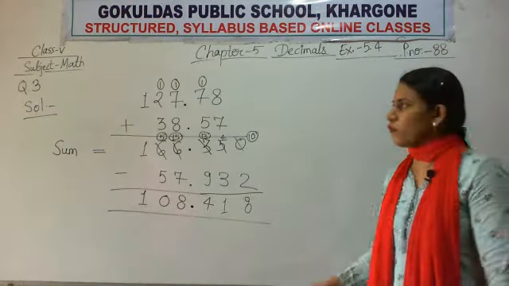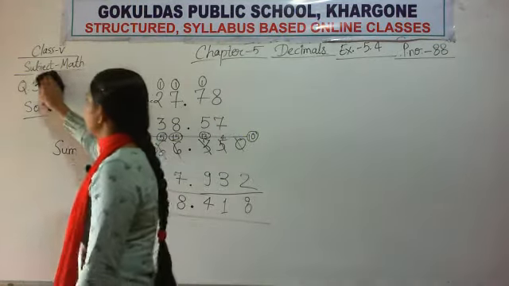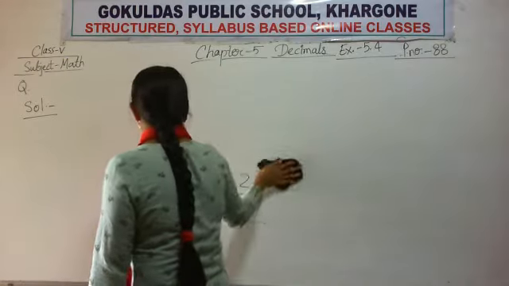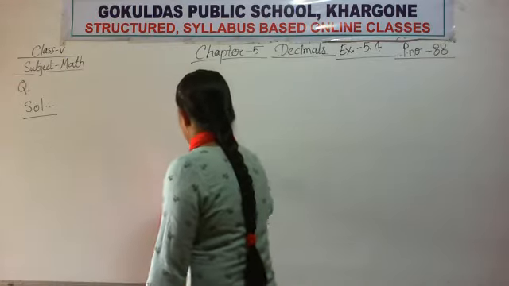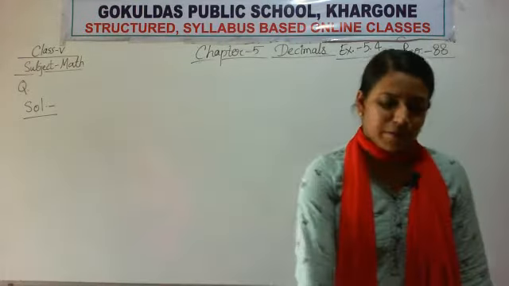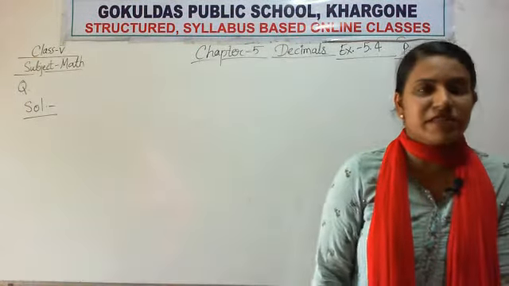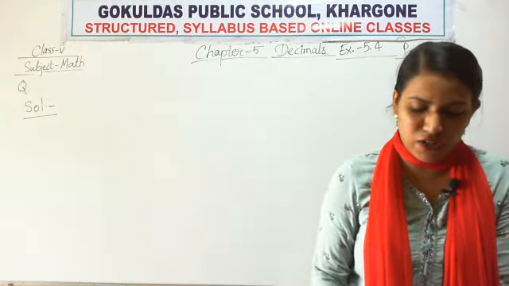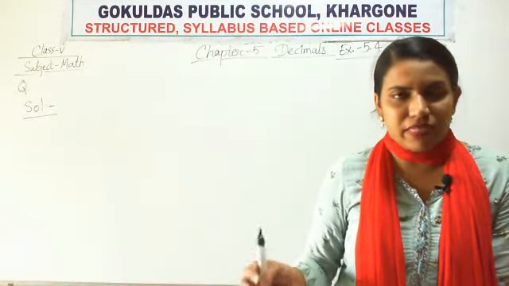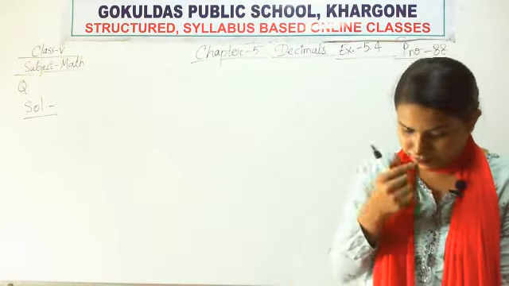Now question number 4. Read the question carefully. Question number 4 is: 78.12 subtract the sum of 18.2 and 30.17.